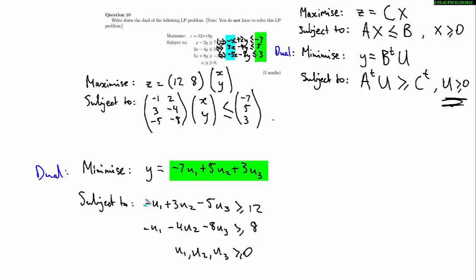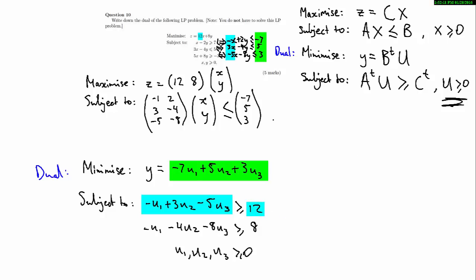So we have the coefficients minus 1, 3 and 5 in front of U1, U2 and U3, a greater than or equal to sign, and then we grab our last value from the first coefficient up here in our objective function. That's given here.